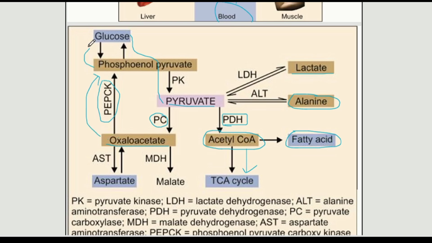From this it goes on to prepare glucose, that is gluconeogenesis, and that oxaloacetate can also help in the production of aspartate or malate, major amino acids.